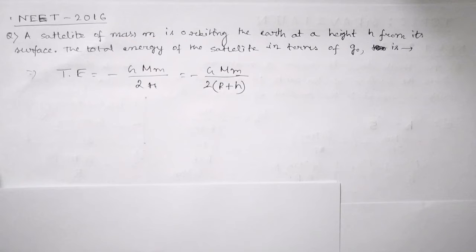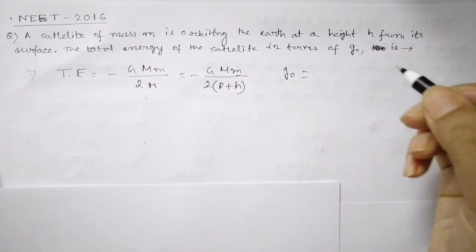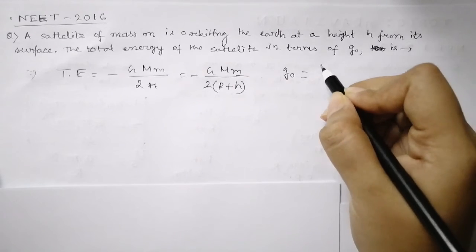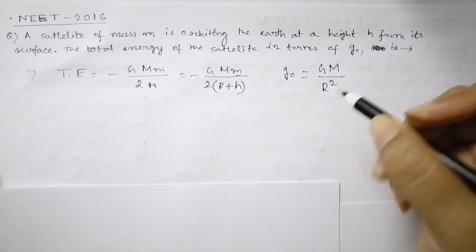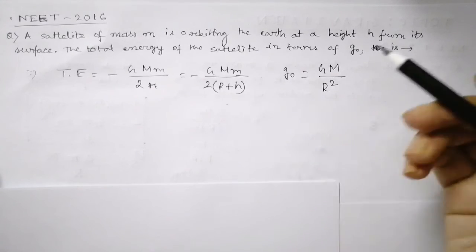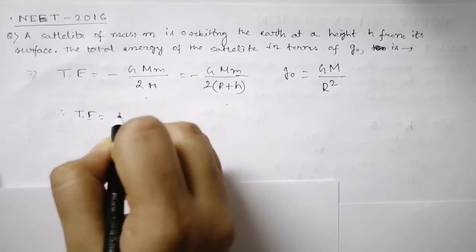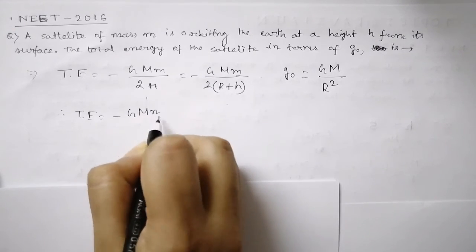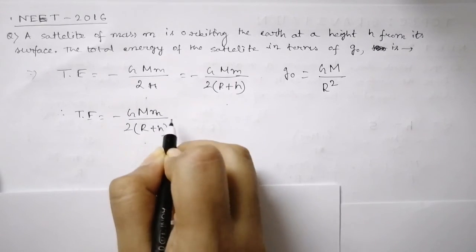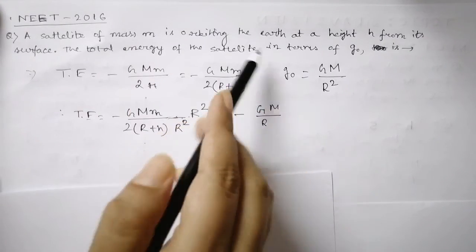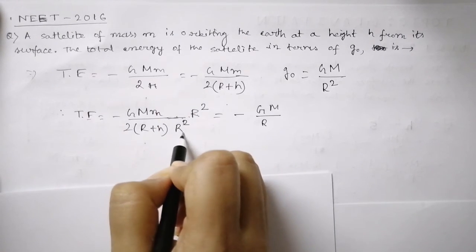But they are asking the relation with g0. So what is g0? g0 is the acceleration due to gravity at the surface. The formula of g0, which you have learned before, is GM by R square. So if I want to replace this, the total energy will be minus GMm by 2 into R plus h. To replace g0, I have to multiply R square in the upper and lower portion.